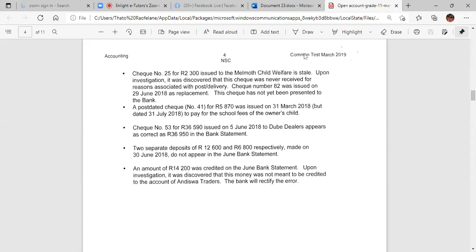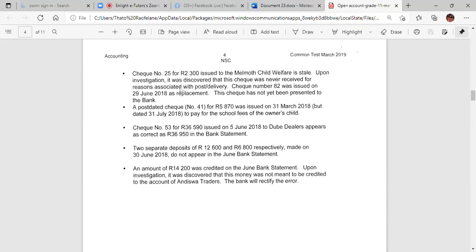Anyways, let's read the statement here now that we know what it means when a check is stale. Check number 5 for 2,300 issued to the Melmoth Child Welfare is stale. So it means we wrote it 6 months ago, and we were giving a donation to Melmoth Child Welfare, but they only claimed it after 6 months. So it's expired and they can't claim that check.